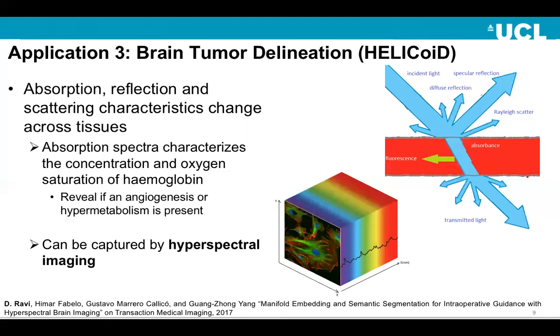Here the problem is that we have a large amount of data that we have to process, and the idea was to provide a deep learning framework that compresses all this data and eventually can better visualize the discrimination between the different tissues.